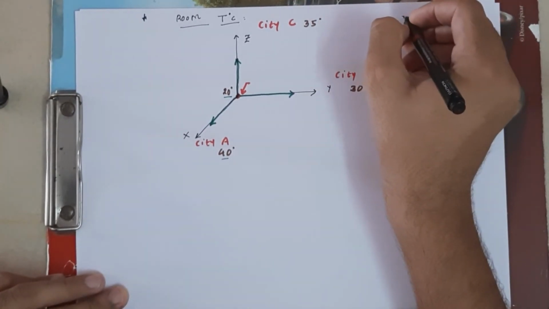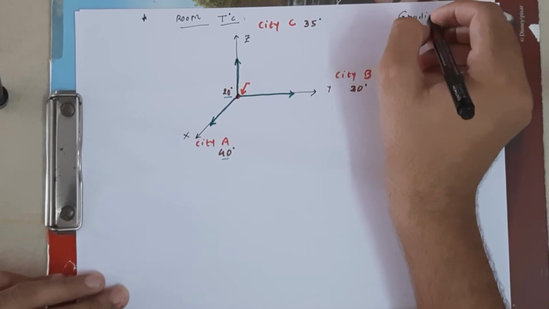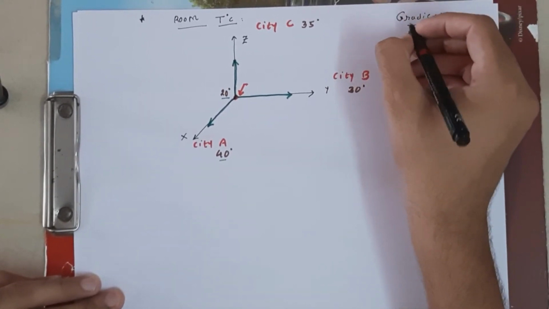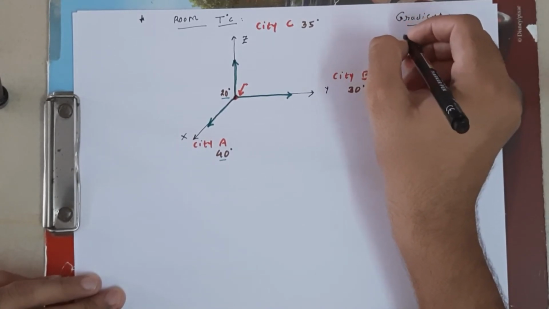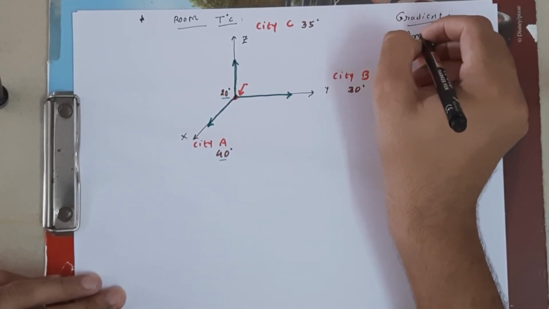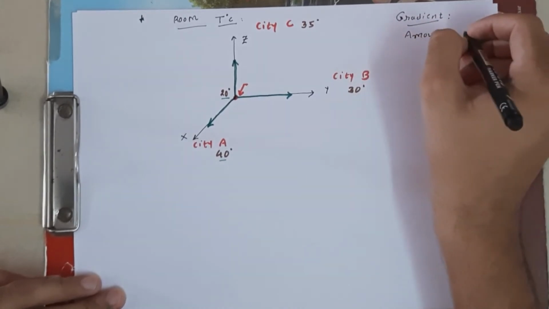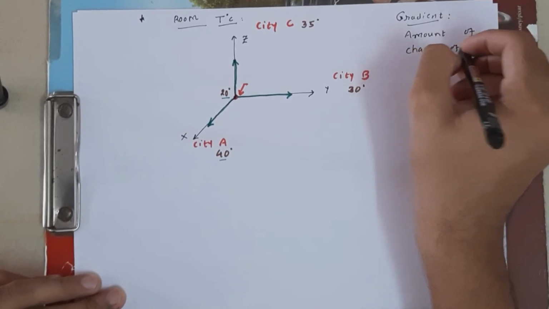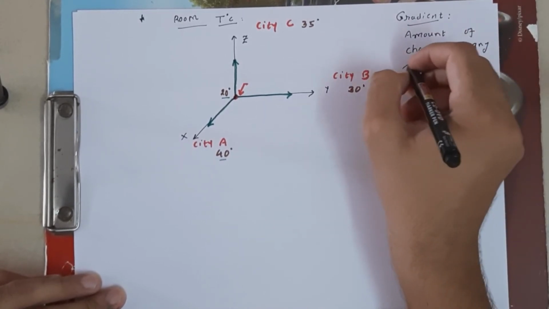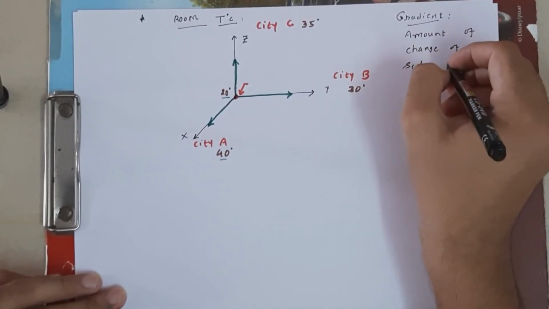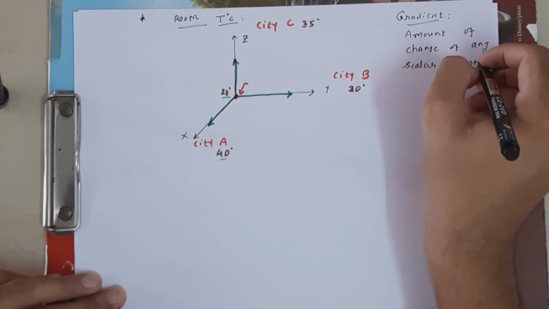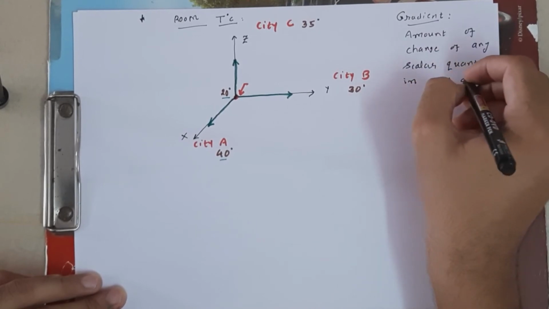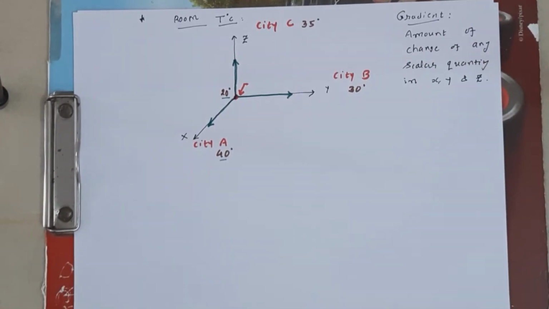So what do you mean by the gradient? The gradient says the amount of change of any scalar quantity in x, y and z direction.